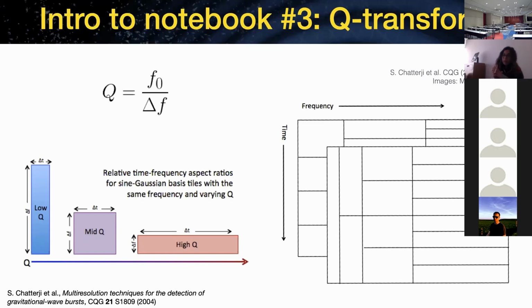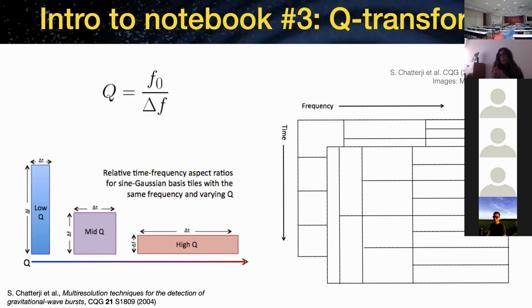Actually, for the characteristics of our data, we found it useful to have a different bidimensional representation of the data, called the Q transform.